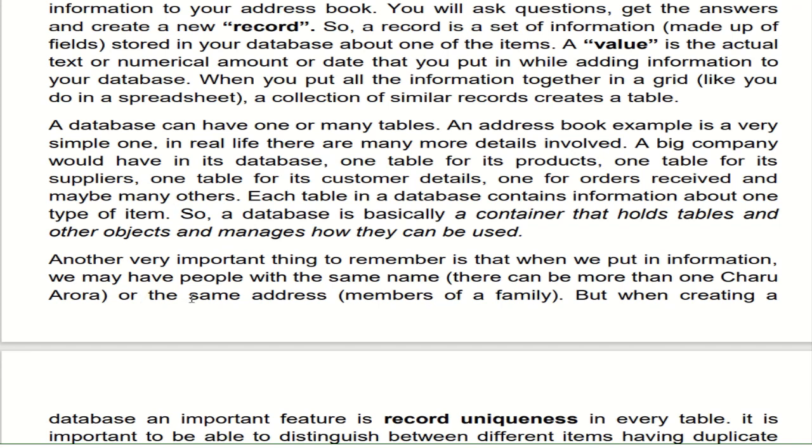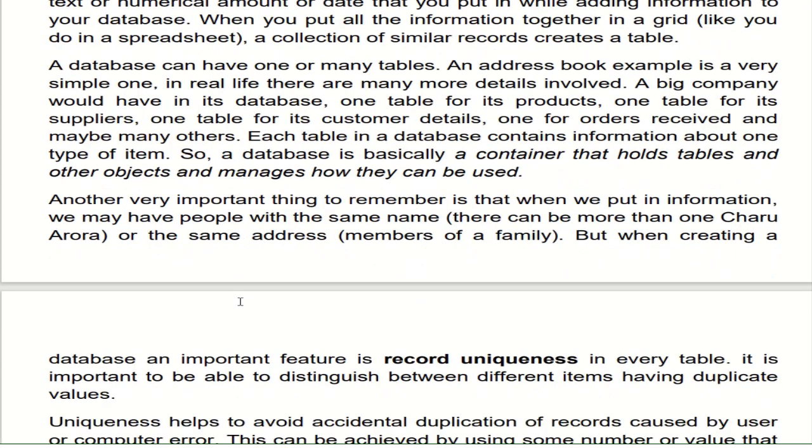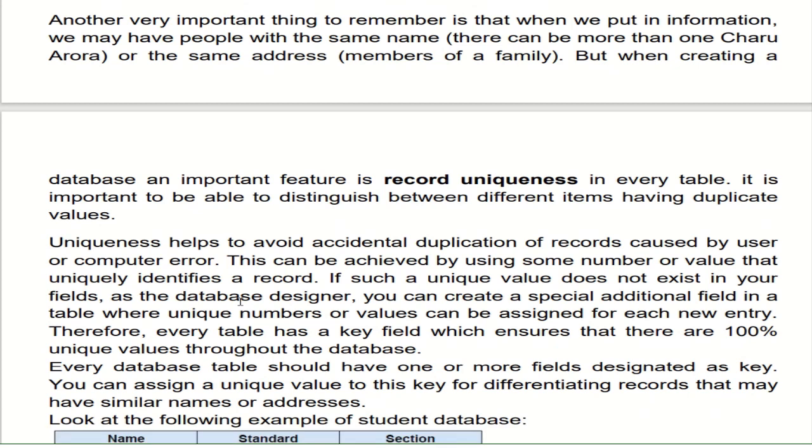Now another very important thing to remember is that when you put in information, you may have people with the same name. There may be more than one Charu Arora at the same address. But when creating a database, an important feature is what? Record uniqueness in every table. For that, you should have one item which makes the identity between two or more people with the same name.